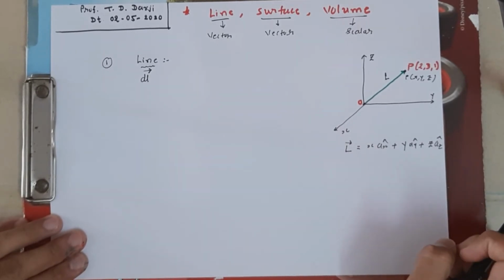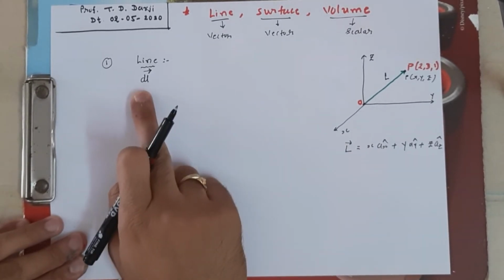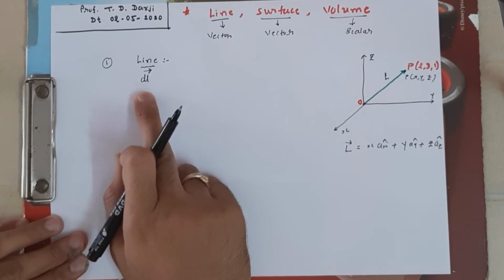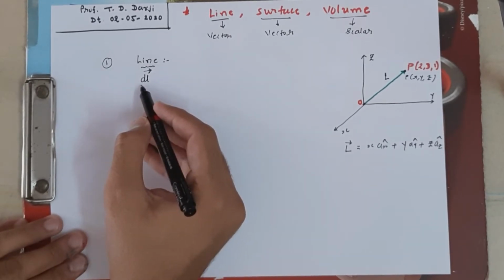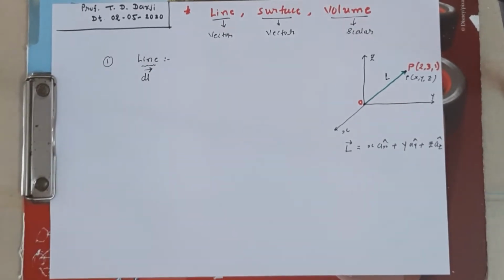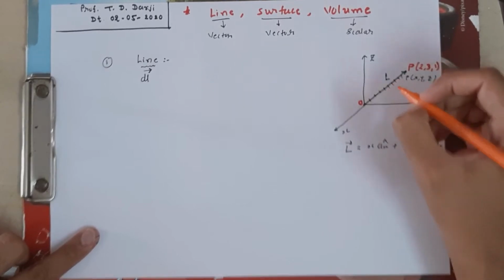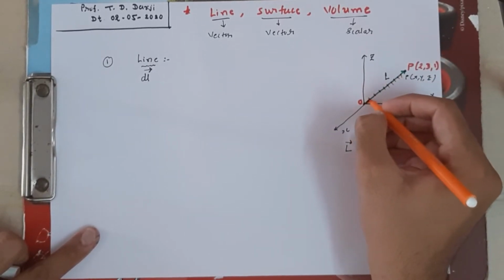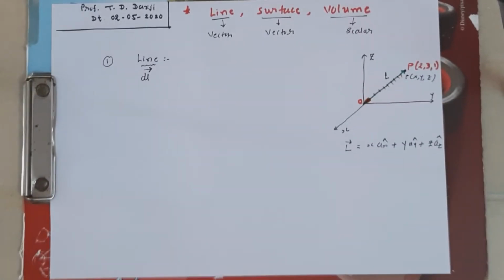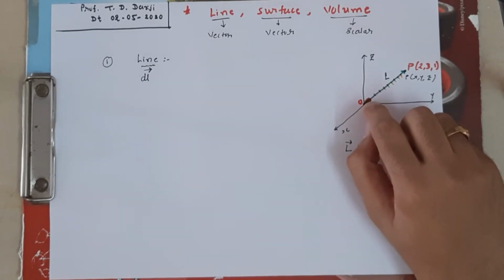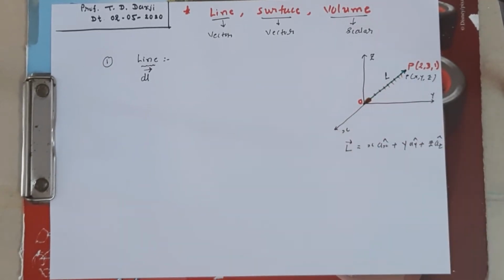So we get this equation for the line, but we are interested in the differential line. Here d indicates the differential line. What do we mean by differential? I divide my line into very small equal portions and consider only one small portion. The length of this small portion is known as dl.